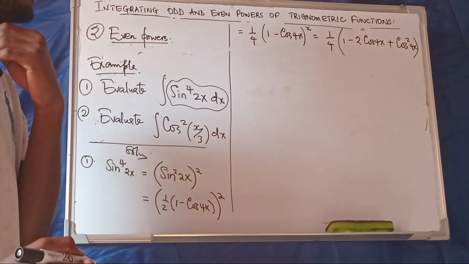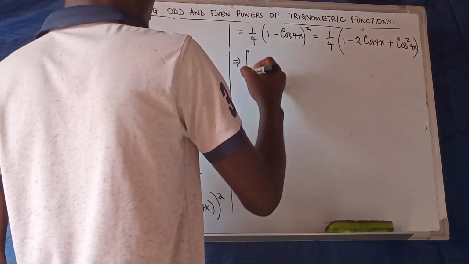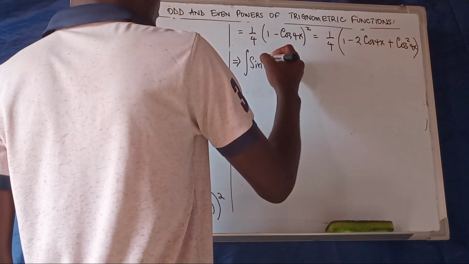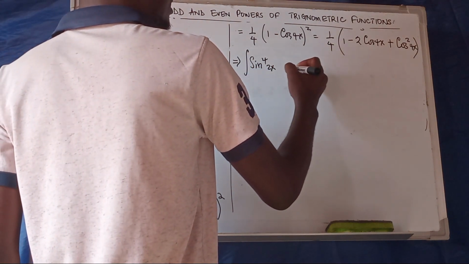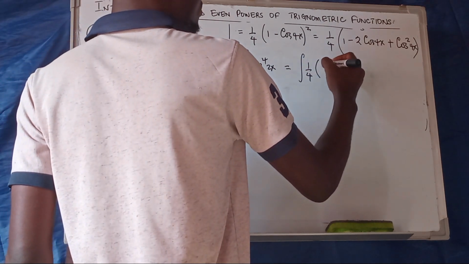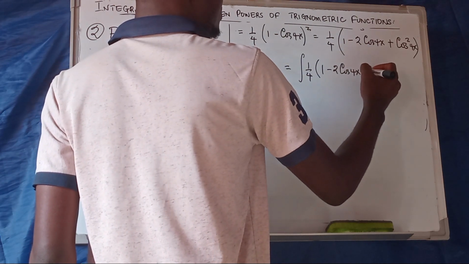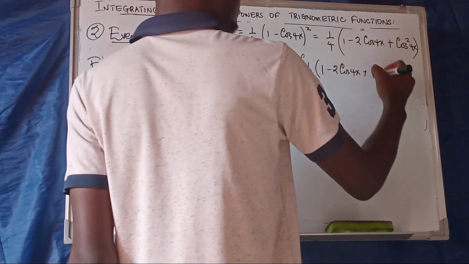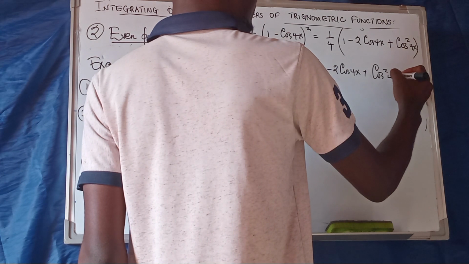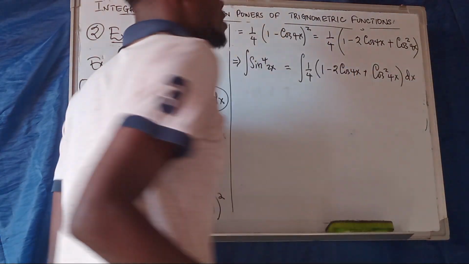So this implies that the integral of sine to the power 4 of 2x is equal to the integral of a quarter into 1 minus 2 cos 4x plus cos squared 4x with respect to x.